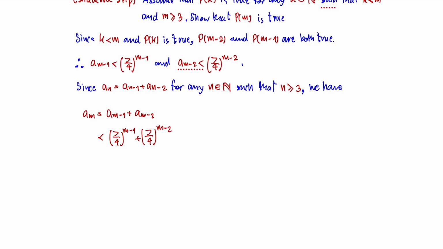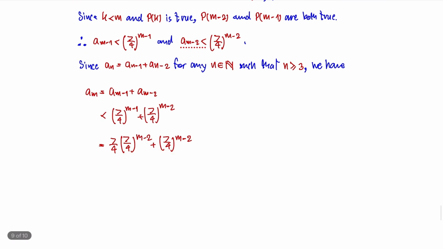And then what can we do? We're going to have 7/4 times (7/4) raised to the m minus 2, plus (7/4) raised to the m minus 2. Then factor out (7/4) raised to the m minus 2.